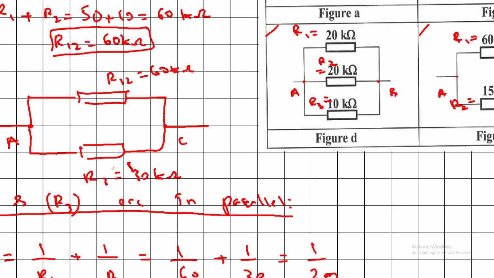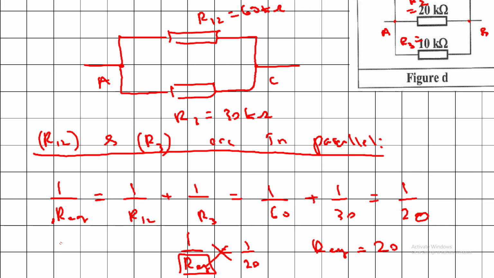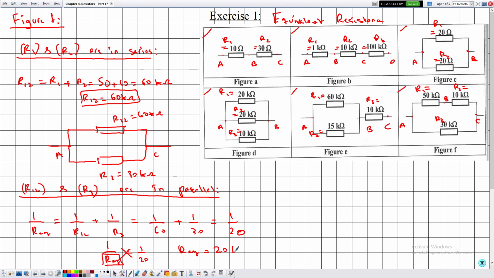Since both are expressed in kilo ohms, the value of R equivalent will be expressed in kilo ohms. And we know that kilo ohms is not the SI unit of resistance. In order to convert from kilo ohms to ohms, we multiply by 1000. Then R equivalent is equal to 20,000. And whenever we calculate an equivalent resistance, it's convenient to represent it.